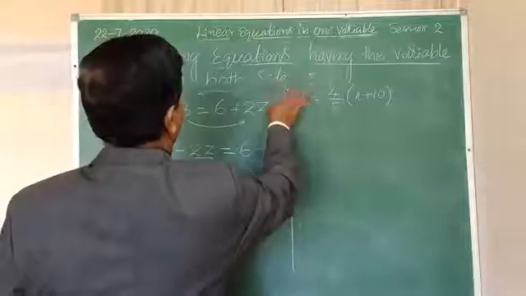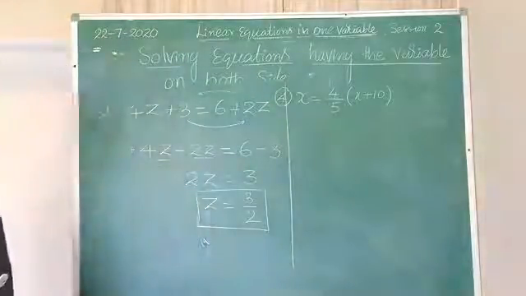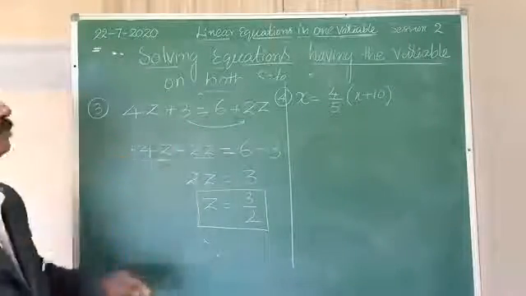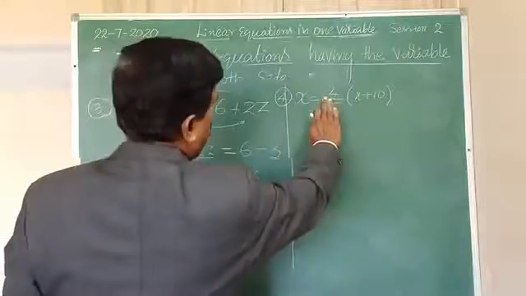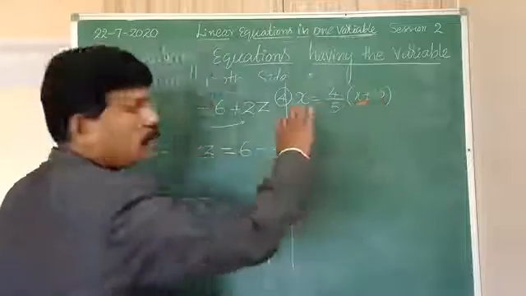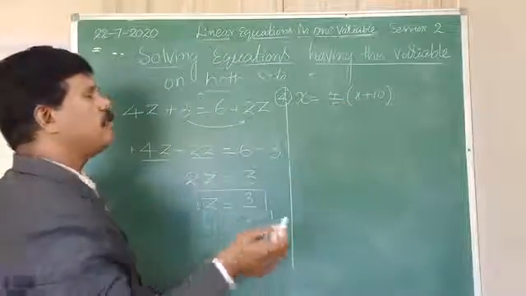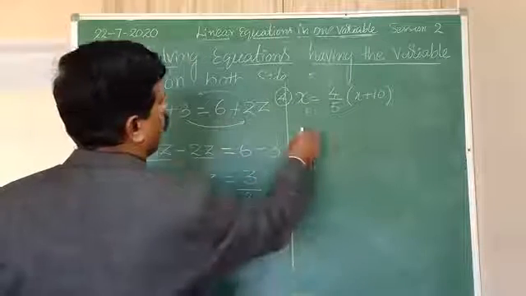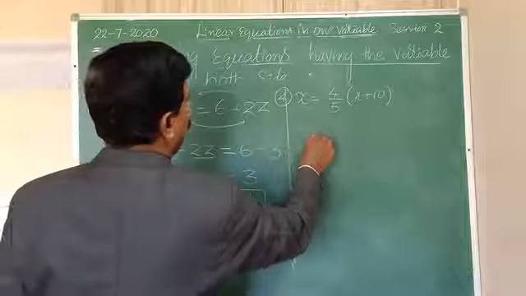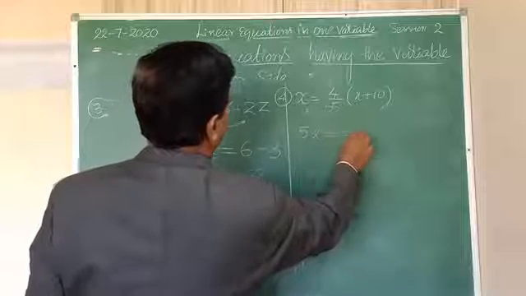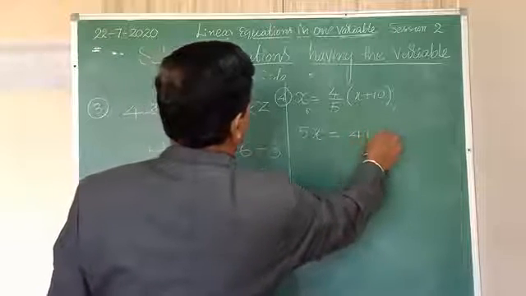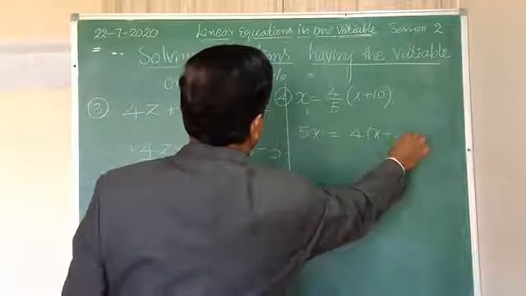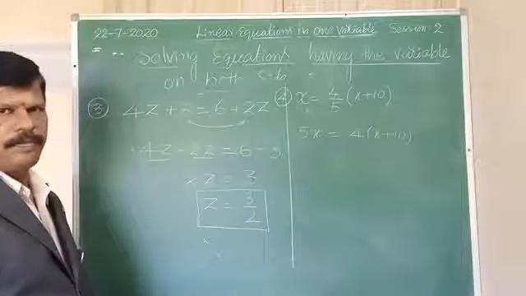This is the fourth problem. Right. Now, first thing is what? You can't multiply this, as you will again get the fraction form. Instead of that, shift this 5 to this side. It becomes 5x is equal to 4 into x plus 10. This is the first step.